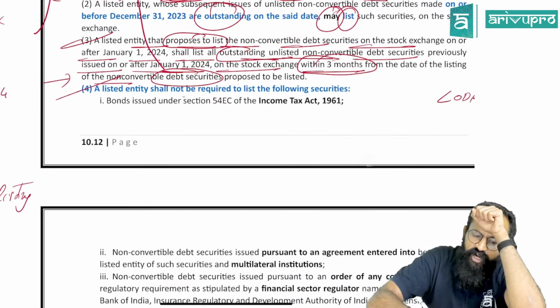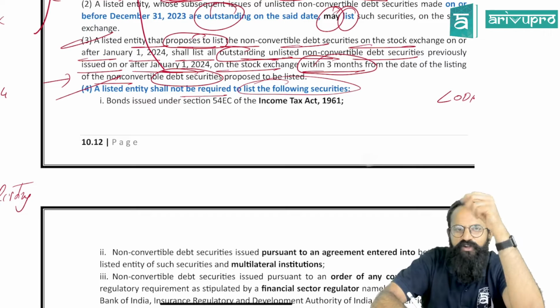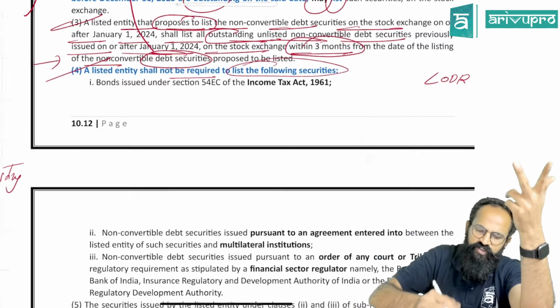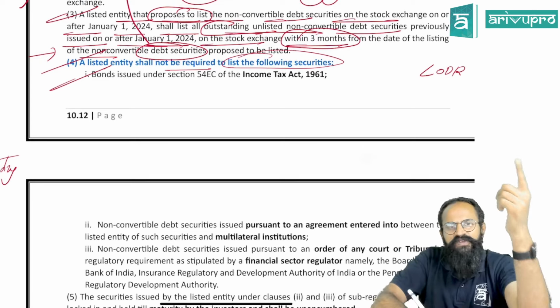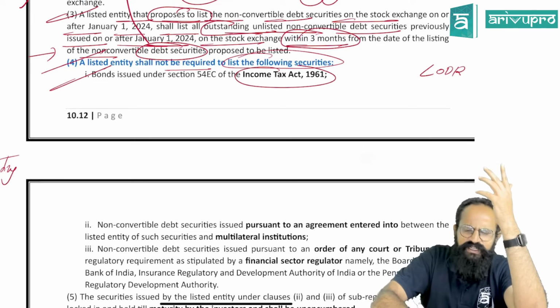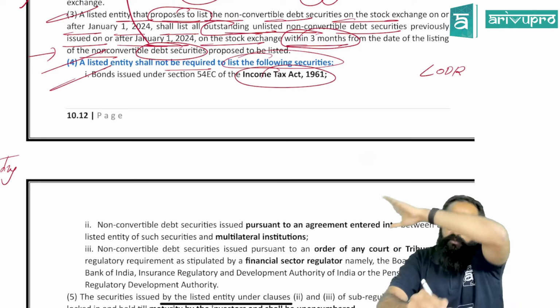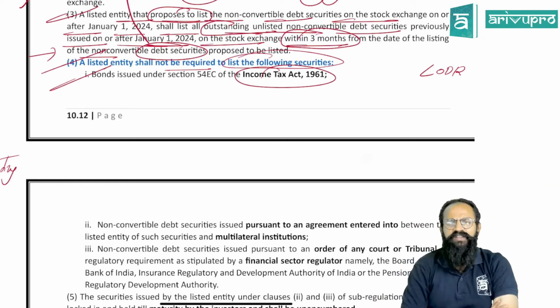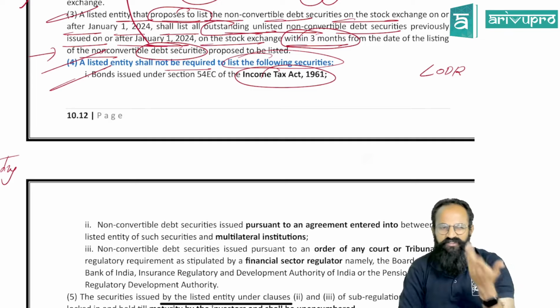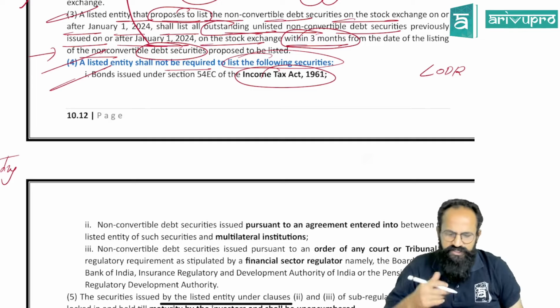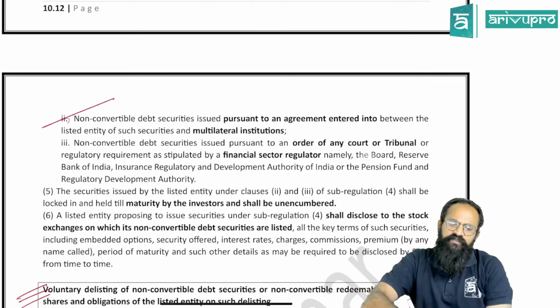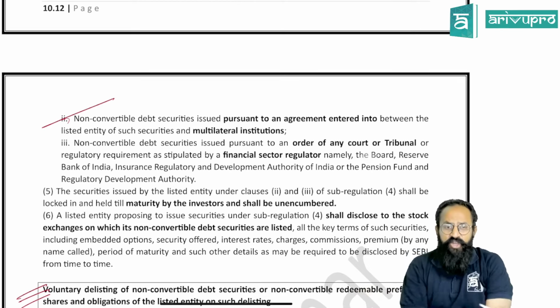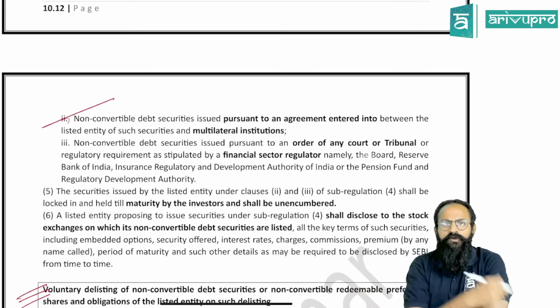A listed entity shall not be required to list the following securities. This following is not required. What is that? First one, any bonds which are issued according to the Income Tax Act. If you are following the provisions according to Income Tax Act, that is section 54EC, you need not list those things. You just remember that point, more than sufficient. Next one, non-convertible debt securities you have issued to a person according to an agreement.